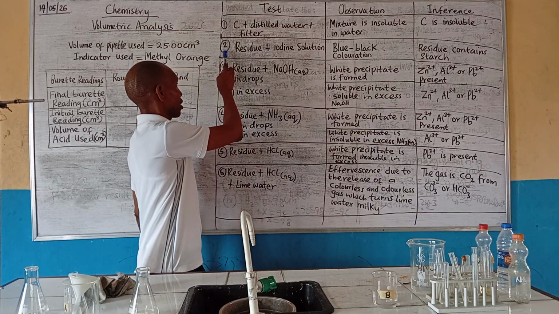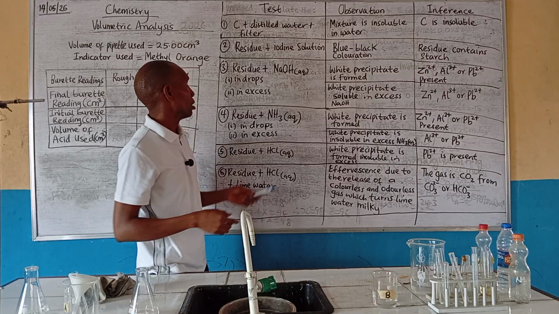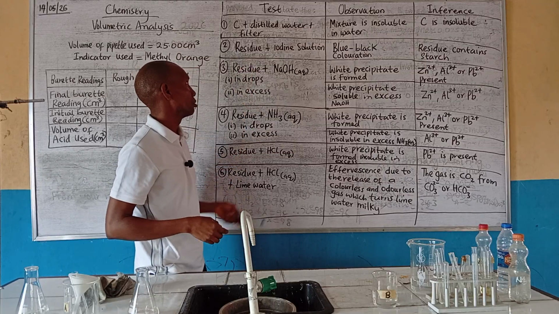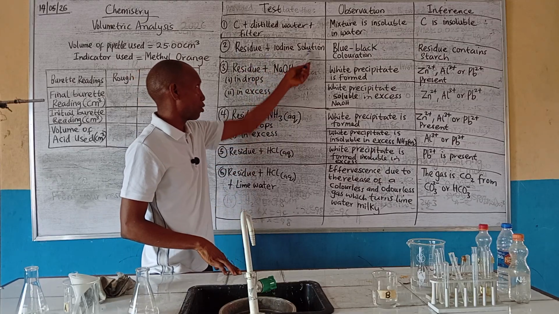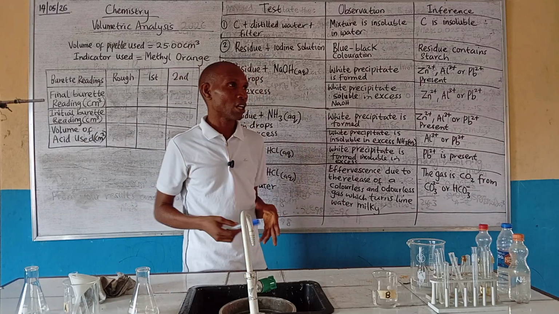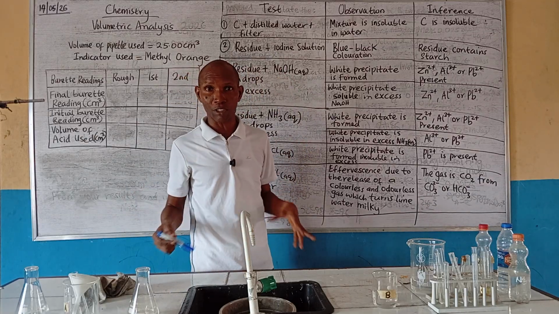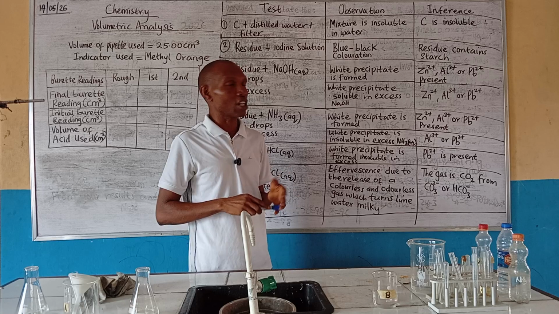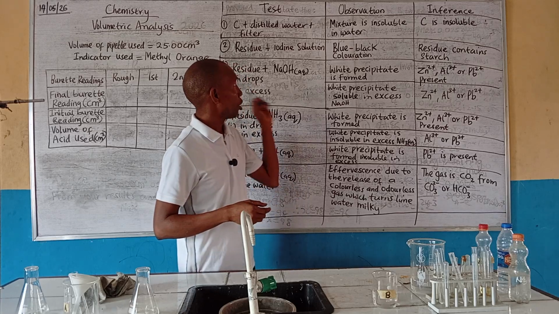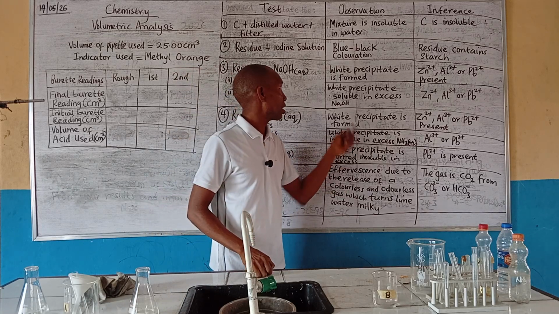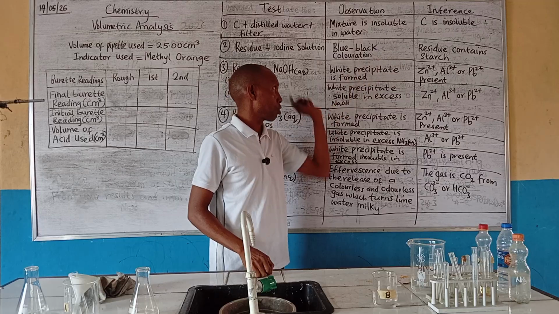Then question 2, the residue plus iodine solution. Once you are asked to use iodine solution, it is meant to test for starch. And the observation you are going to write is blue-black coloration.